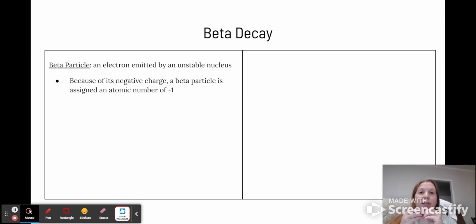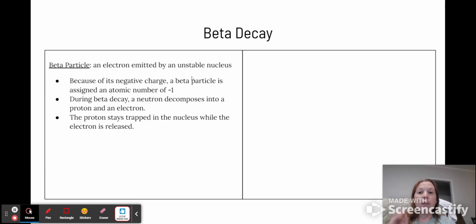And since it's emitted an electron, that original neutron has become a proton. So because of its negative charge, a beta particle is assigned an atomic number of -1, since it's an electron. And during this type of decay, a neutron decomposes into a proton and electron, where that electron is then emitted from the nucleus.